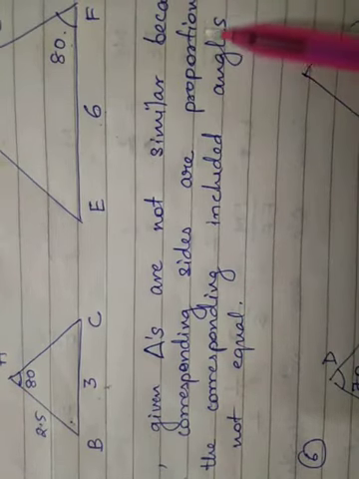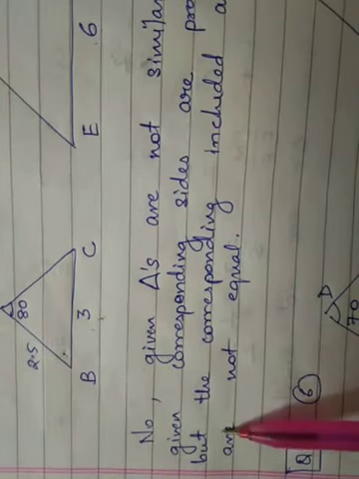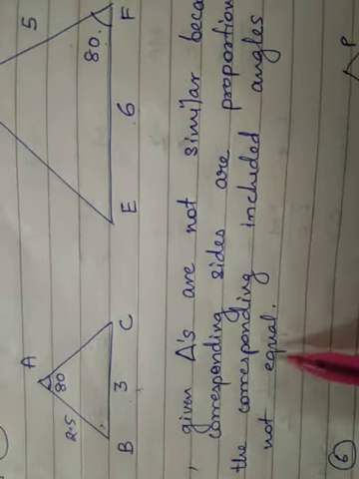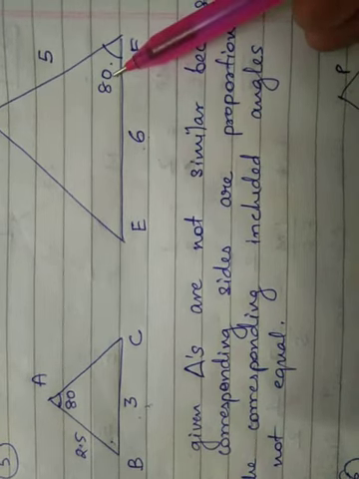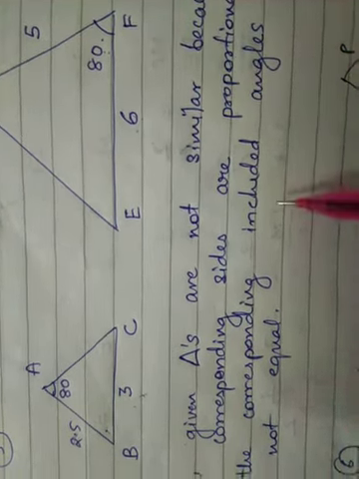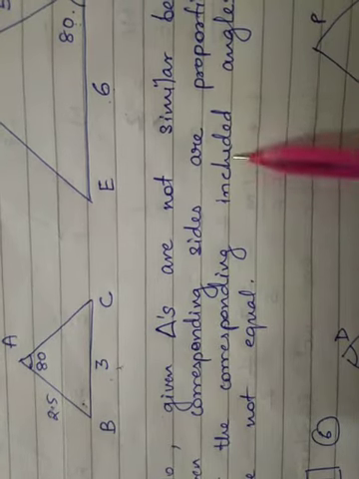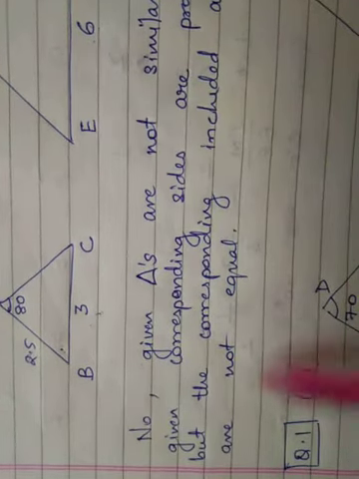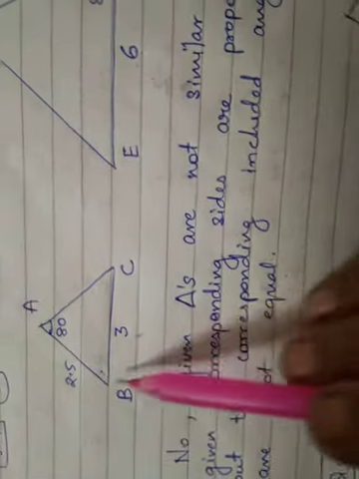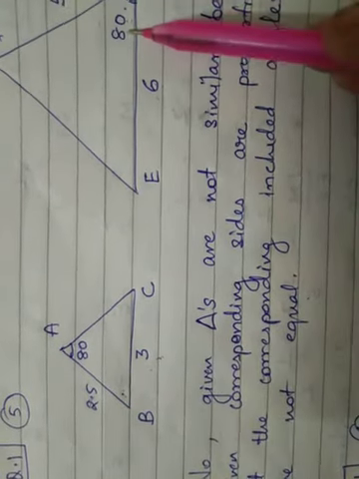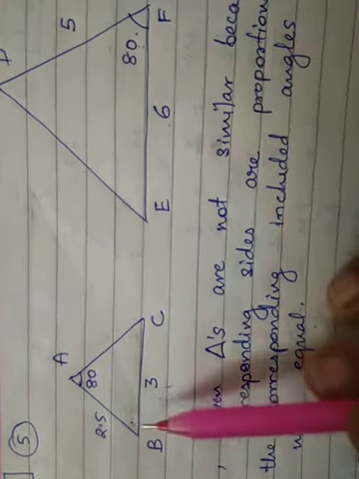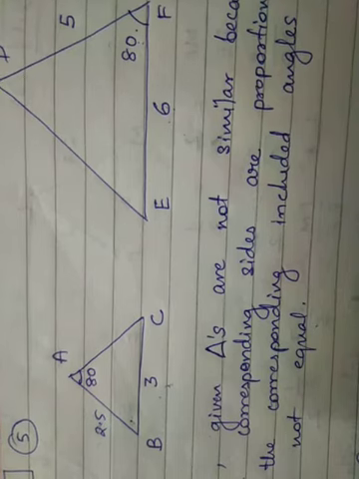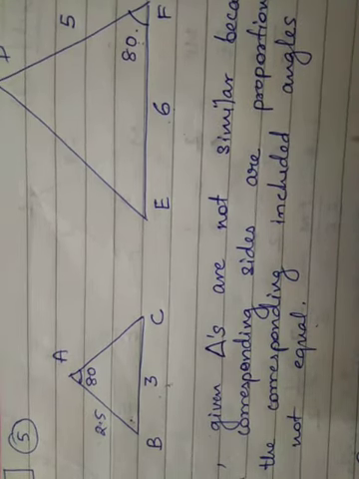Therefore I say the corresponding sides are proportional, but the corresponding included angle, the angle between two corresponding sides, should be equal, and here it is not equal. So the corresponding included angles are not equal in both diagrams. So angle B must be equal to angle F, but here B is not given equal to F. So the included angles are not equal and therefore the triangles are not similar to each other.